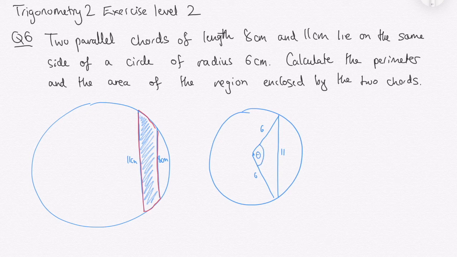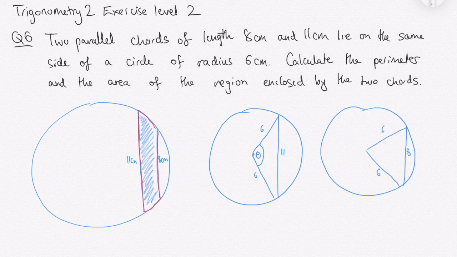And we have the same circle and a shorter chord of length 8 centimetres, again with a radius of 6 centimetres, and we don't know the angle at the centre yet, but I'm going to call that phi.